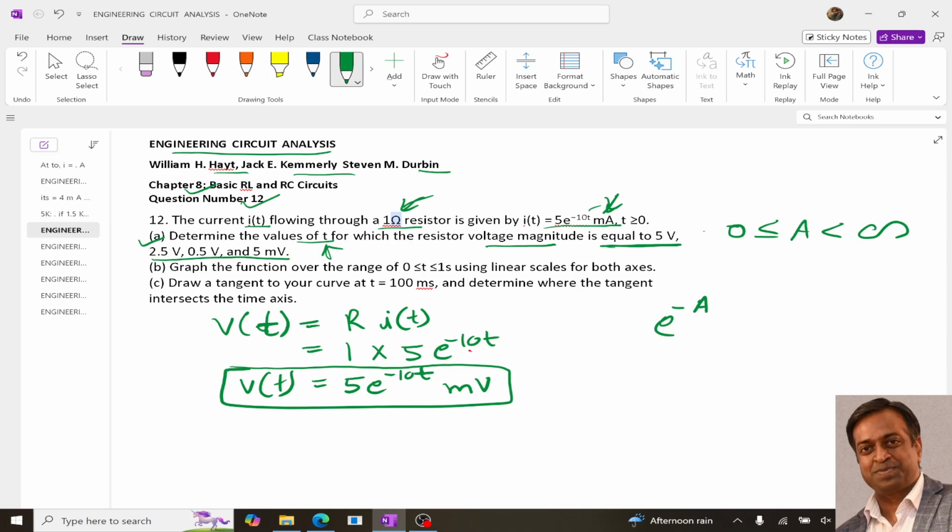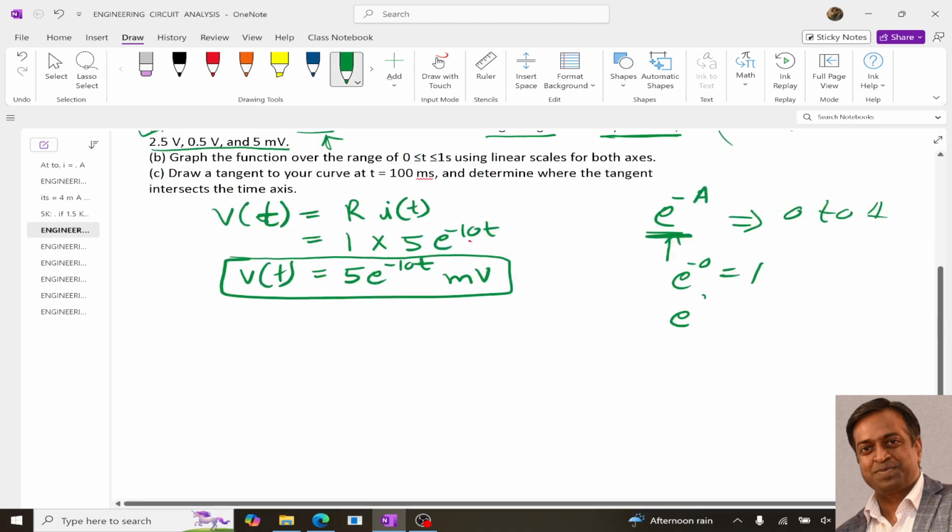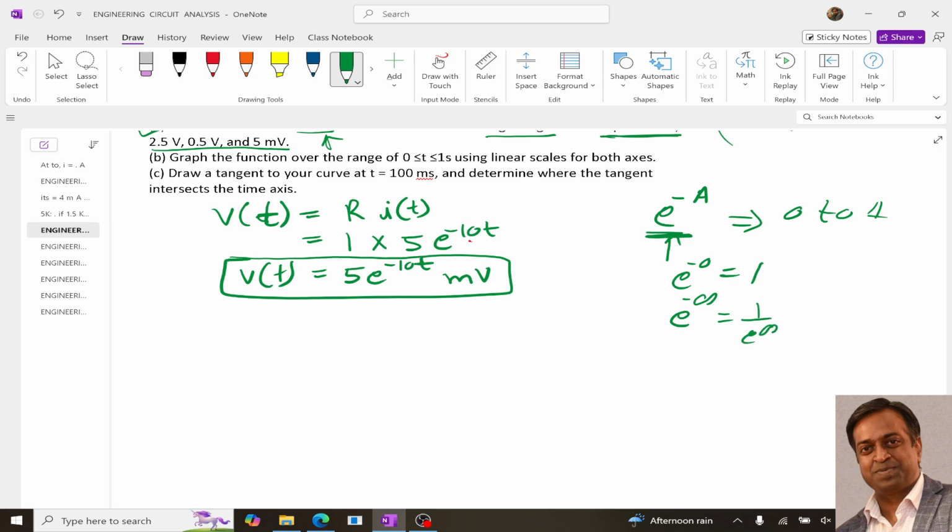So the range of this exponential e to the power minus a will be from 0 to 1 only, because if you substitute a as 0, it will be 1, and if you substitute a as infinity, it will be 1 upon e to the infinity, which is 1 upon infinity, that is 0.